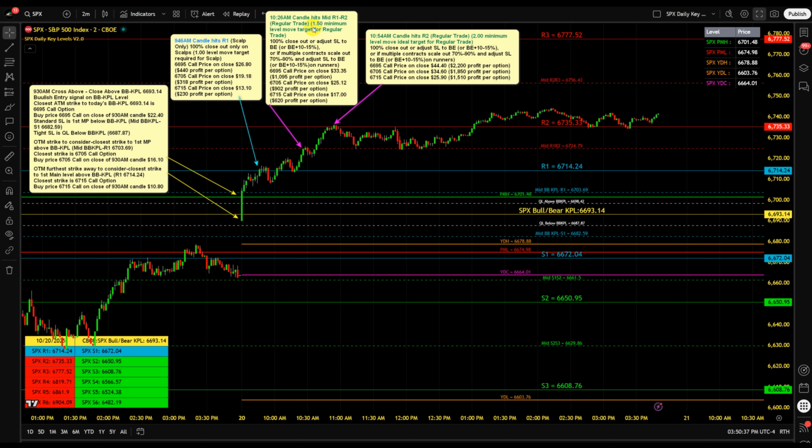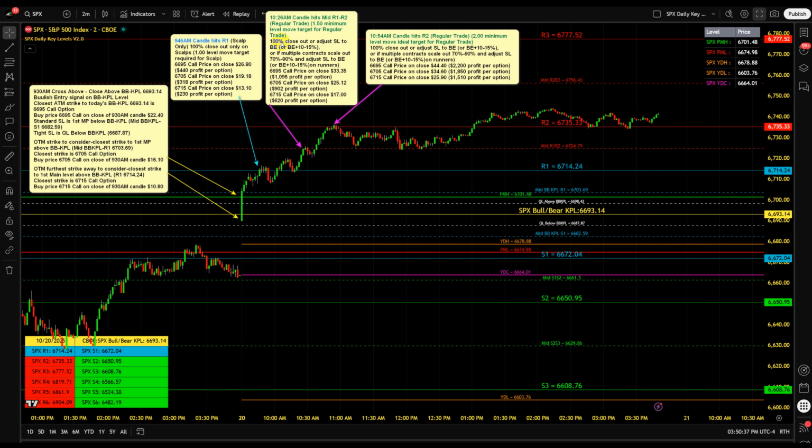So going back to this, when it hits this 1.5 level minimum level move target for a regular trade, then you have one of three decisions to make depending on how many contracts you have.